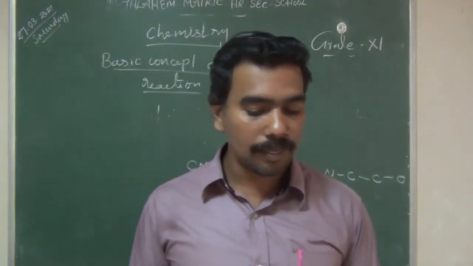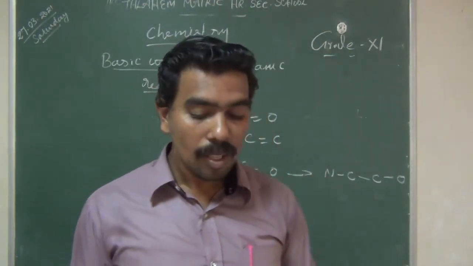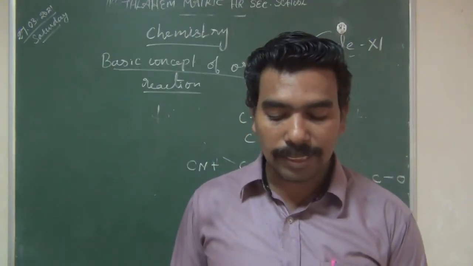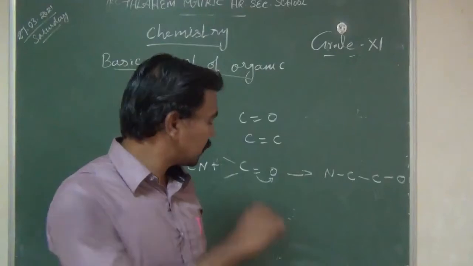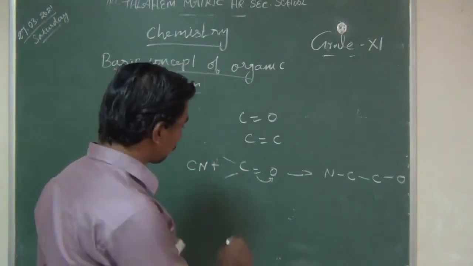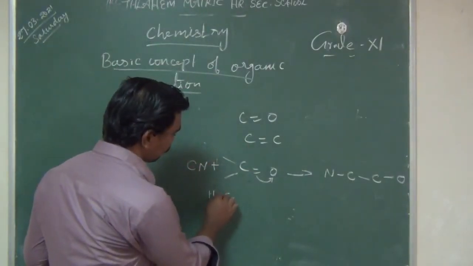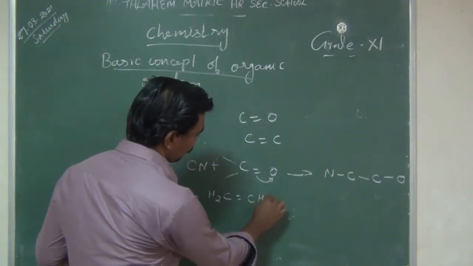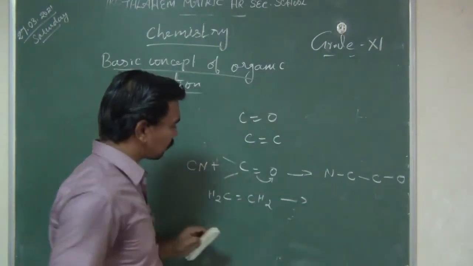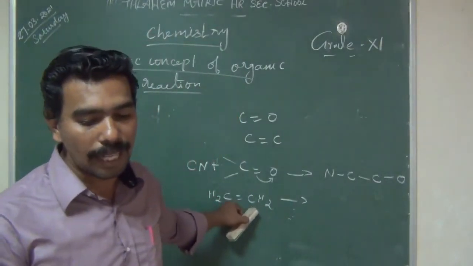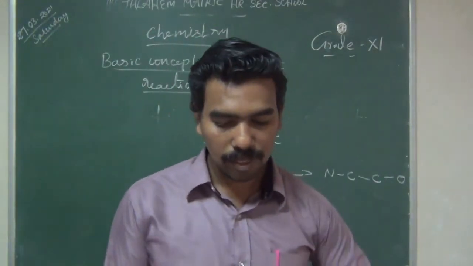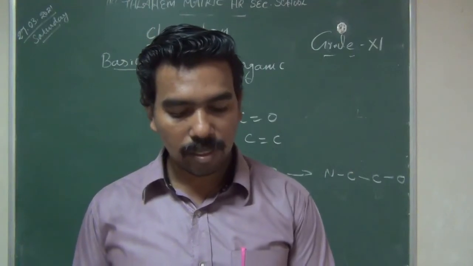The next thing is hydrogen and carbon, ethene. Now this pi electron, the hydrogen is the electrophile.